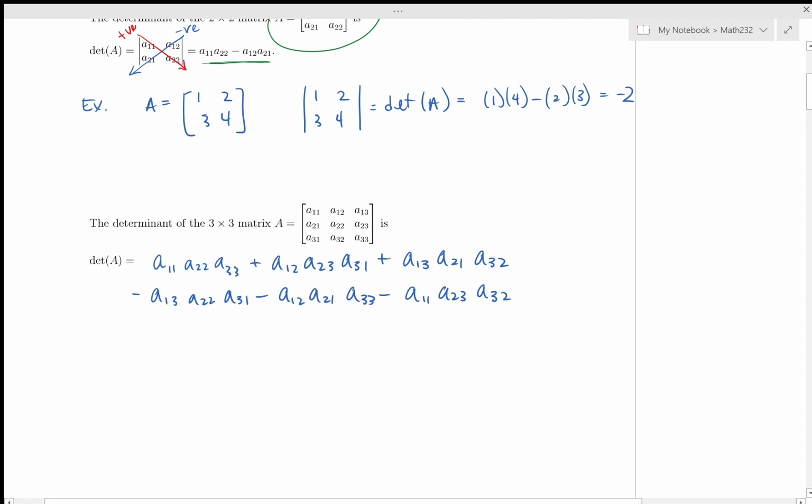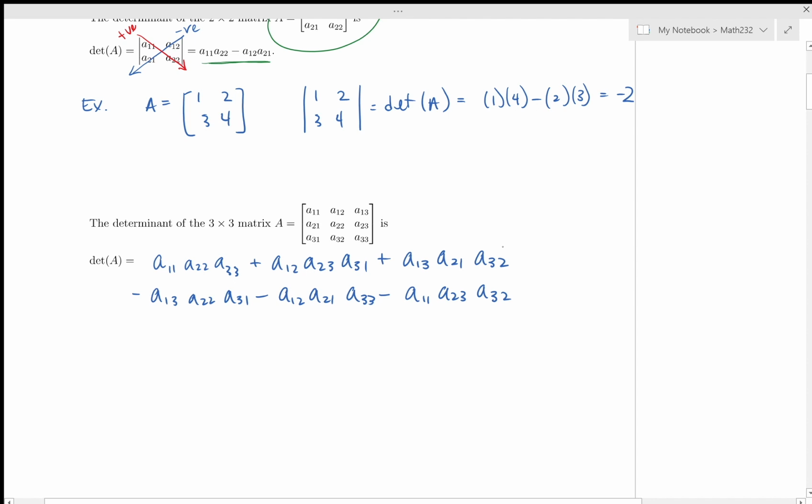I hope I don't make any indexing errors. You could use this formula to calculate the determinant of this 3 by 3 matrix. You should memorize this. No, I'm just kidding. We're going to see a way that we can regenerate this quickly and easily, so you do not need to memorize this.